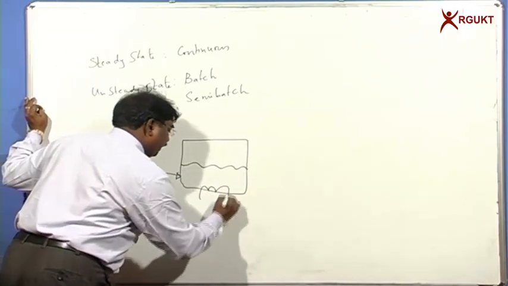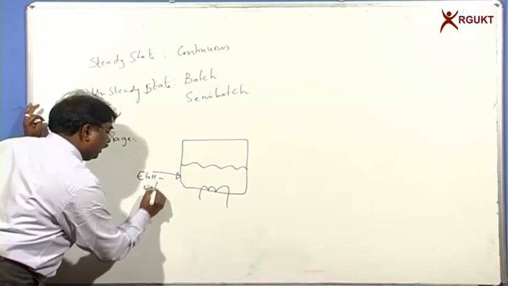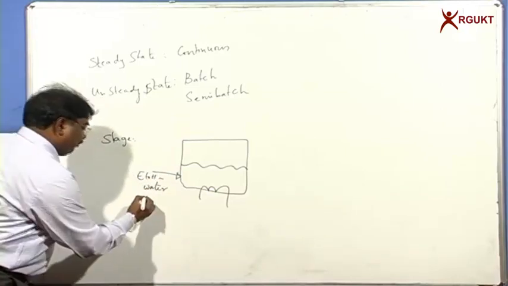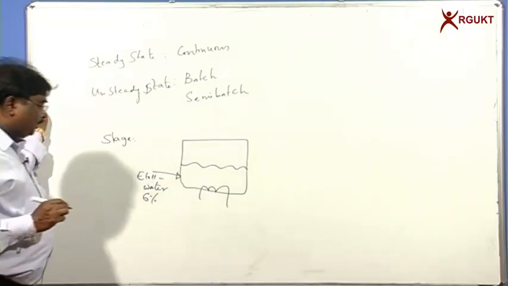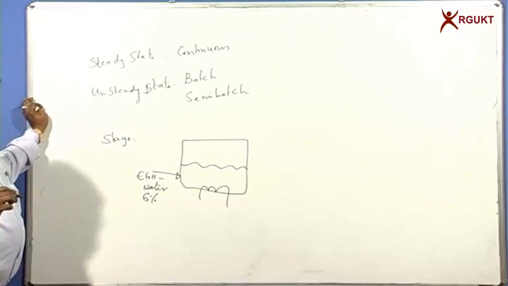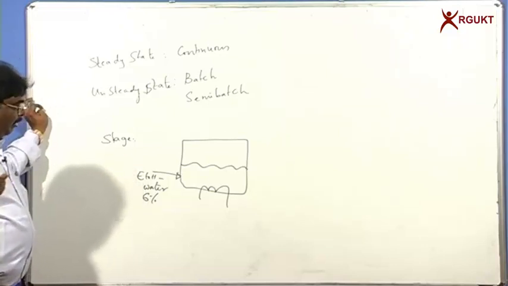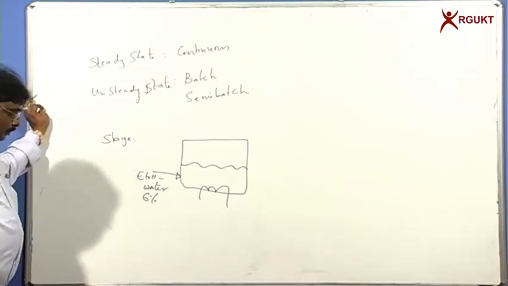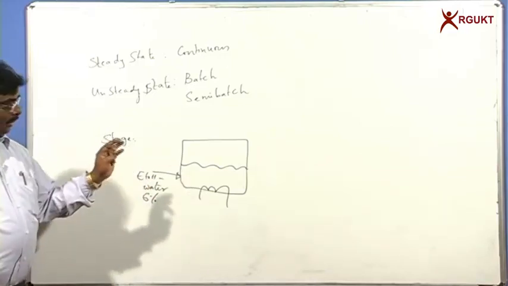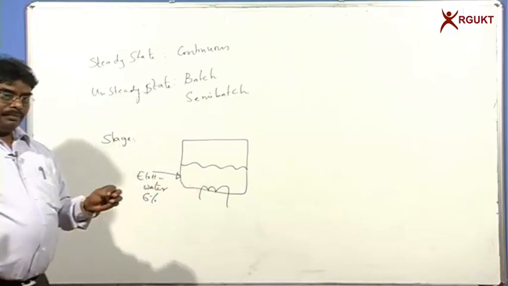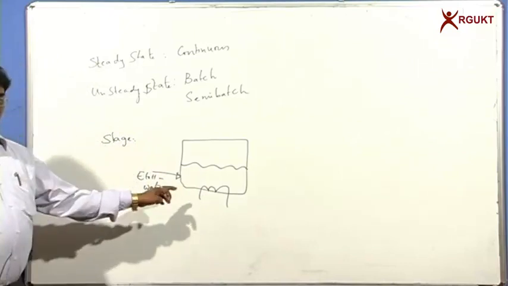Let's say we have a solution of ethanol and water coming from a fermentation process, with 6% concentration of ethanol, and for drinking applications we need around 40% ethanol. So we pass this feed solution into a separation unit, or stage, where we supply heating.